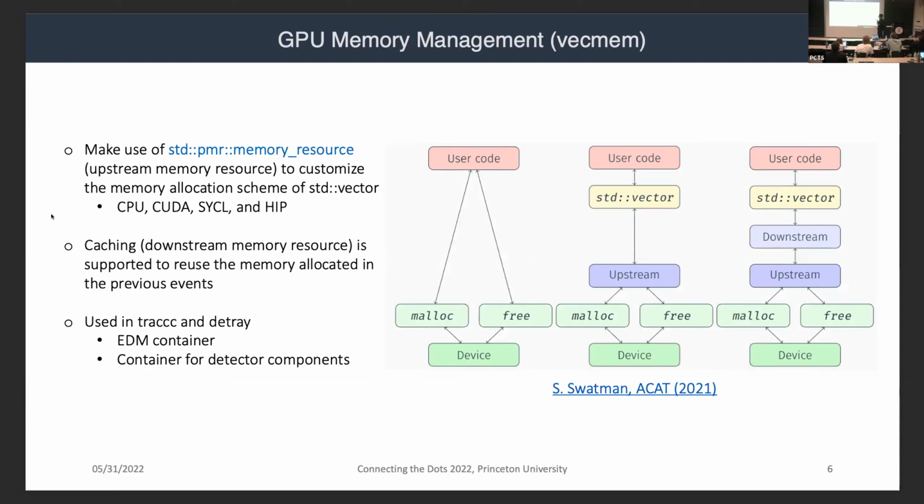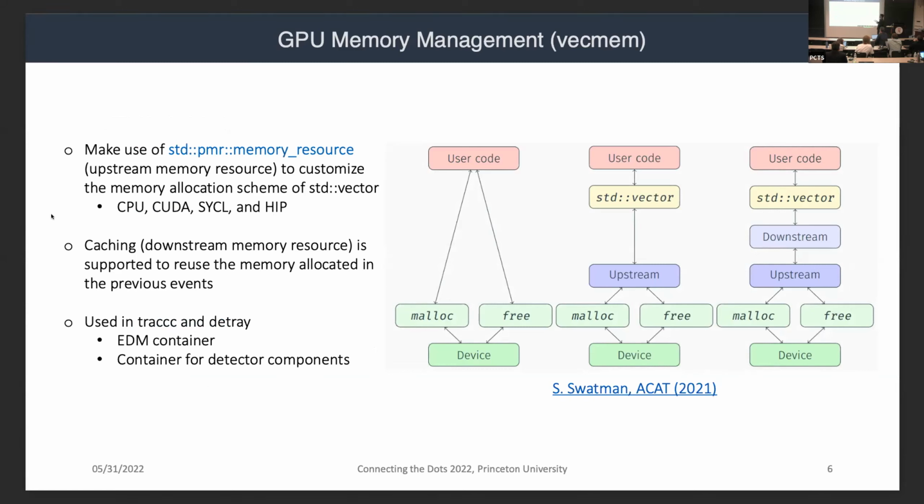Let me talk about the vecmem library a little bit here. How vecmem works is that it makes use of the std::pmr memory resource, which is from C++17, and it can be used to customize the memory allocation of the std::vector that we are very familiar with.